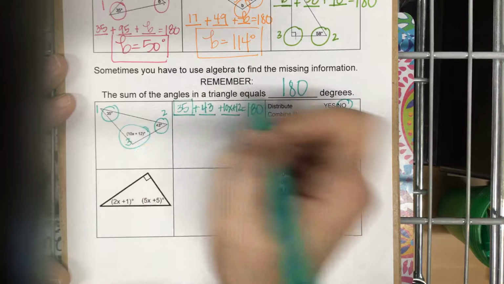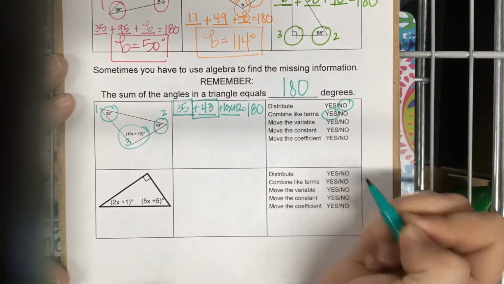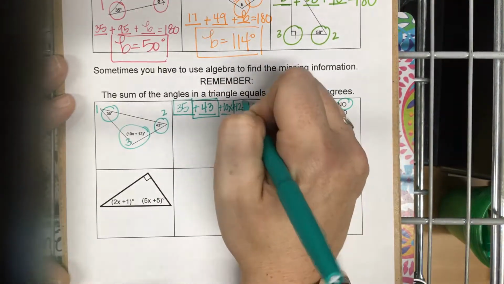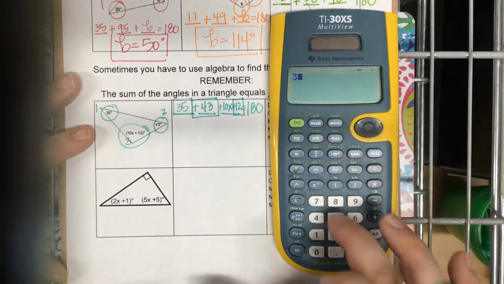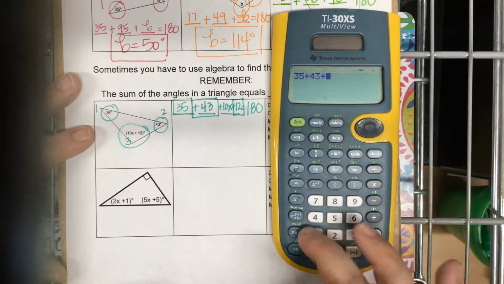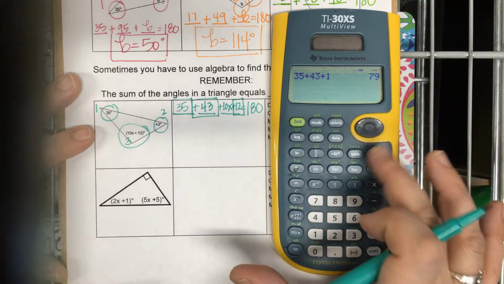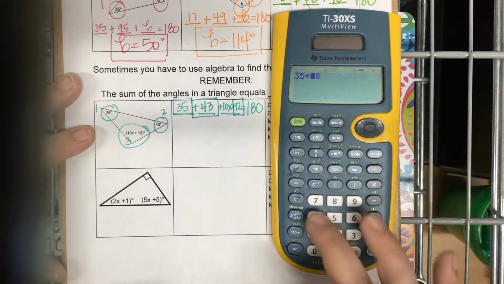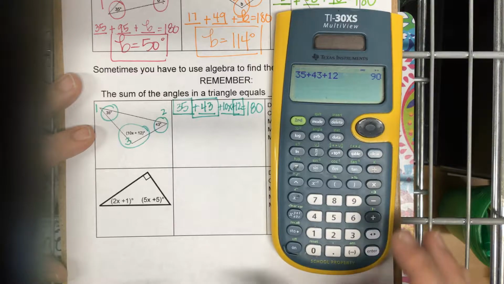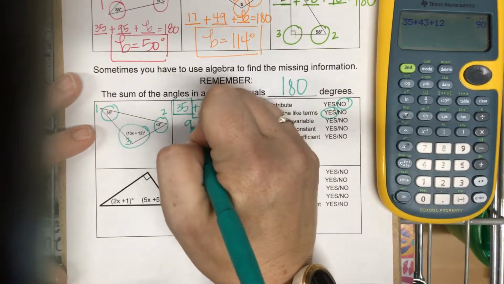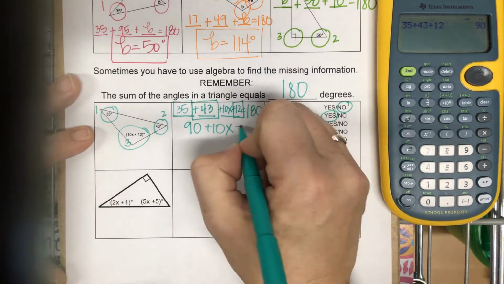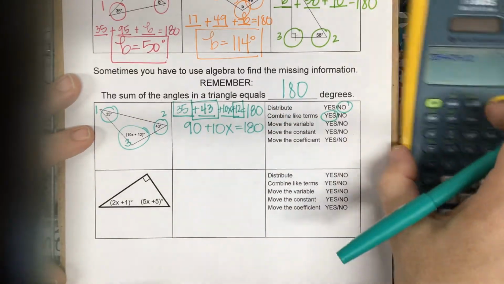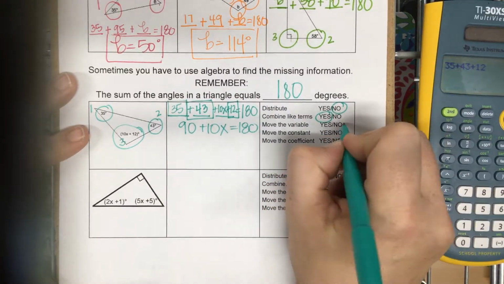But yes, I do need to combine like terms. I have 35 plus 43 plus 12. I'm going to take my calculator: 35 plus 43 plus 12 is 90. And then plus 10x just comes right down, equals 180 degrees. Are there variables on both sides?